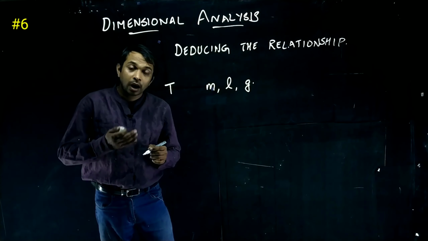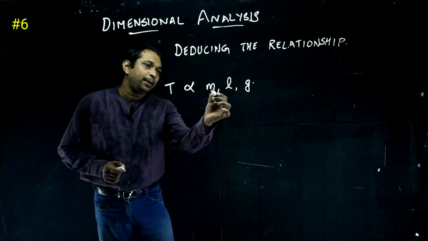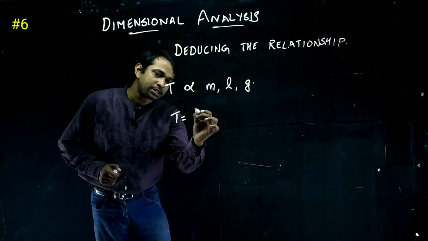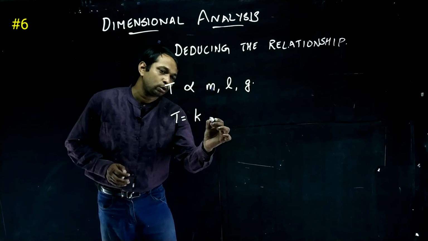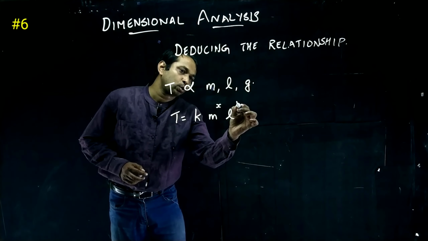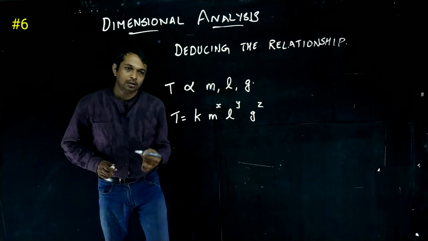Okay, how to solve this? They are saying that the time is proportional to m, L and g, by which we can write time is equal to a constant into mass raised to x, length raised to y, and g raised to z.